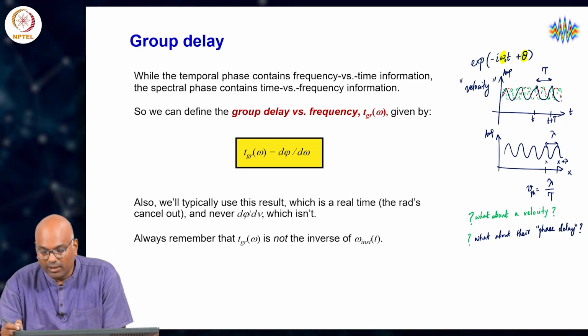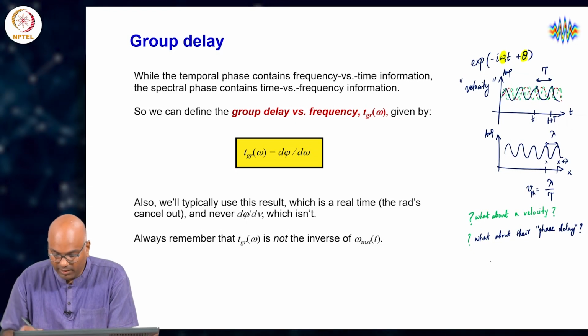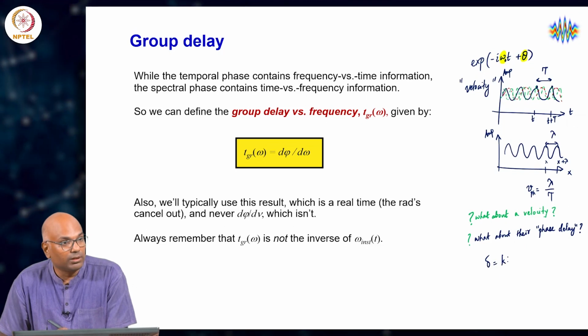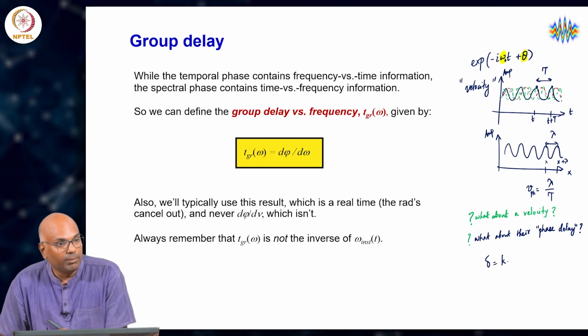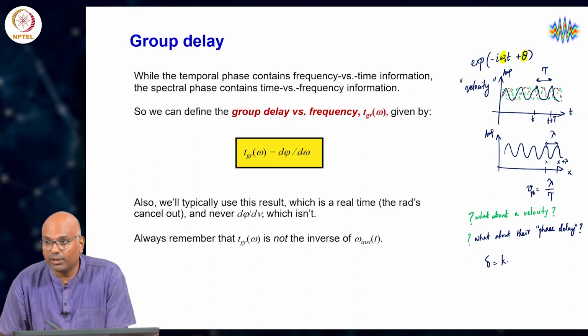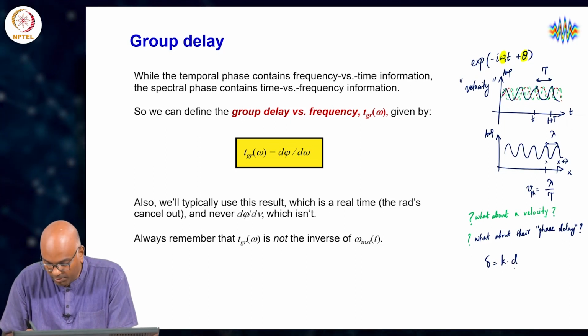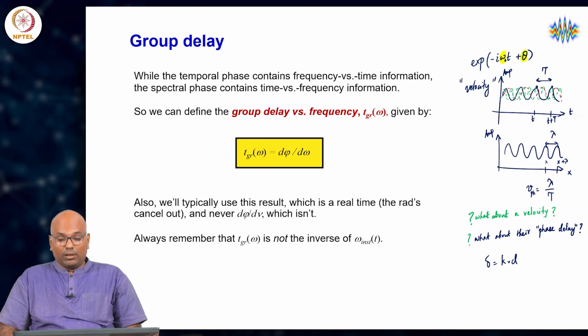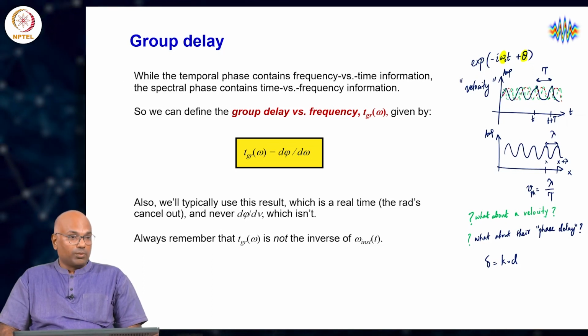So, this is again related to the fact that we had phase delay to be the propagation wave number k, which is the magnitude of the propagation vector, multiplied by an optical path difference d between 2 waves whose relative phase delay is of interest to us, right.